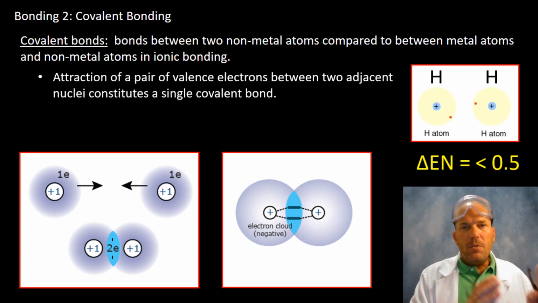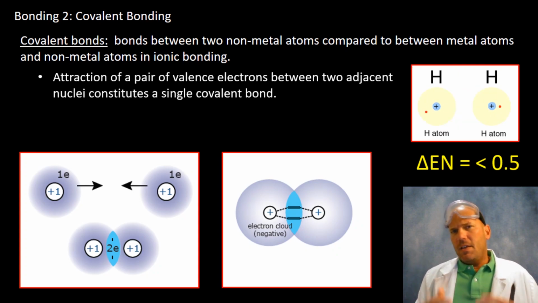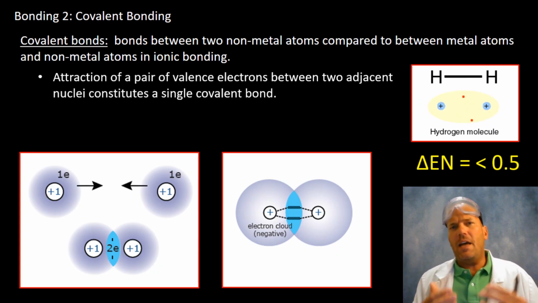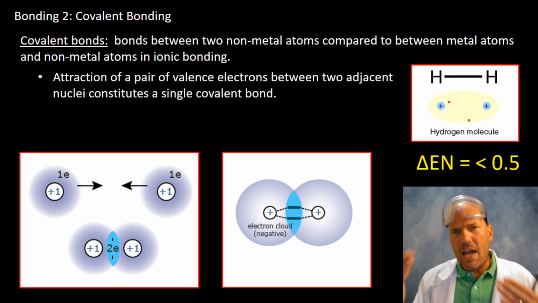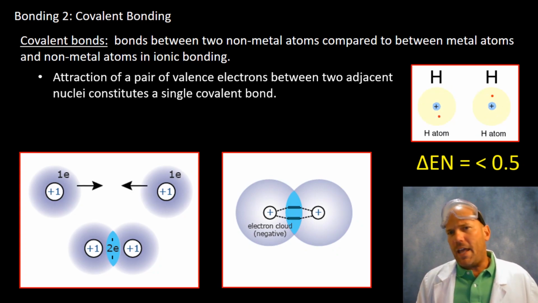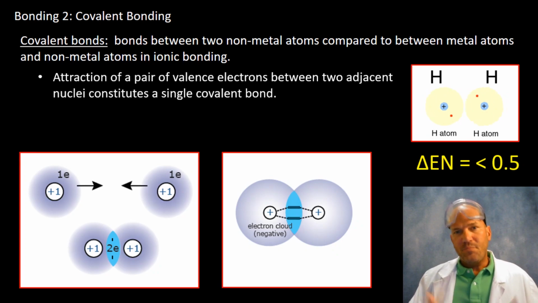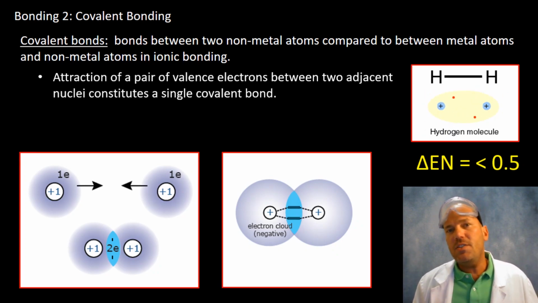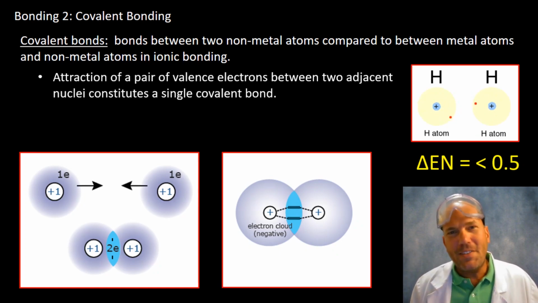Now, if you look at the difference in electronegativities for covalent bonding, you're going to find values that are less than 0.5 on average, and that is for a nonpolar covalent, and I'll get to that in a minute. Now, if you look at the diatomic hydrogen example we've been using, and you calculate the change in electronegativity, you're going to get 2.1 minus 2.1 equals 0.